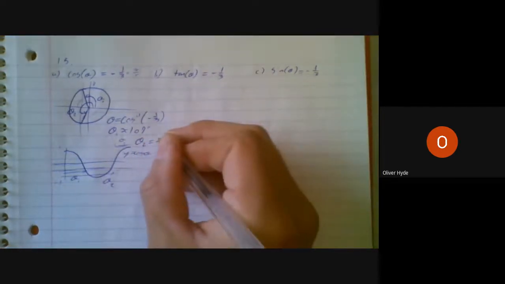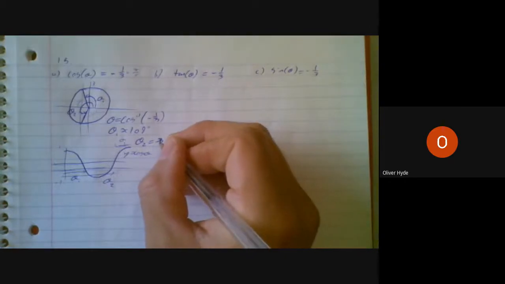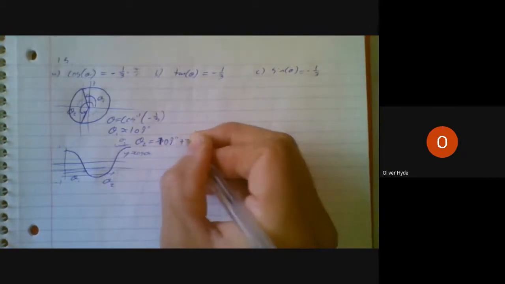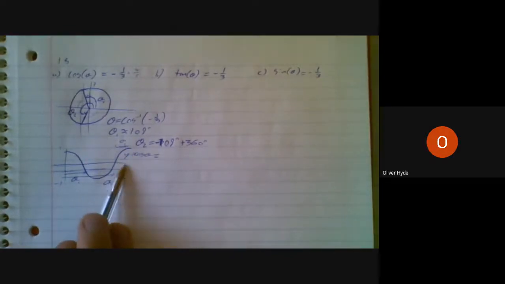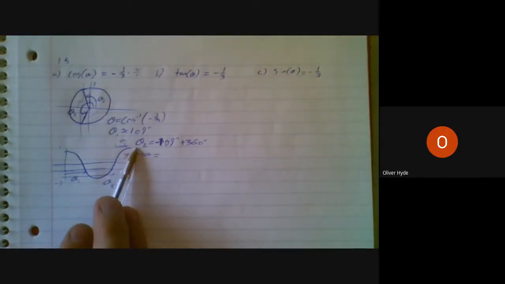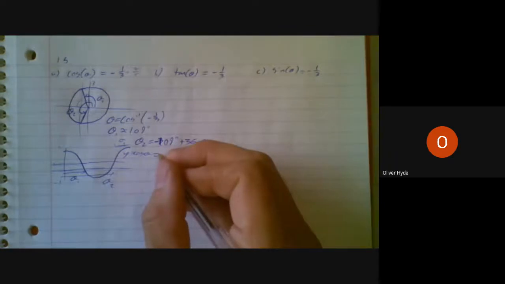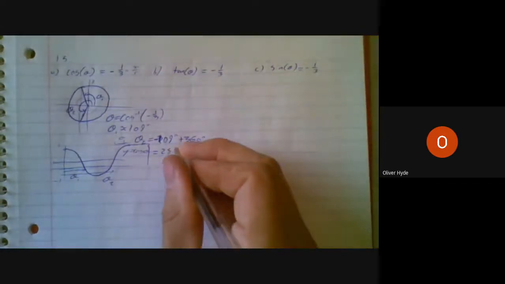Theta 2 is negative 109 degrees plus 360 degrees. From the curve, I think maybe you would see this better as being at 360 degrees, and then you go back 109 degrees. So, sorry for the space here, 360 minus 109 is going to be about 251 degrees.